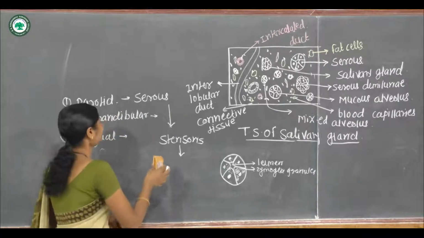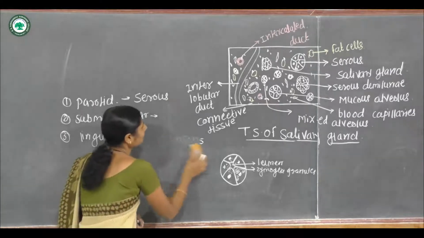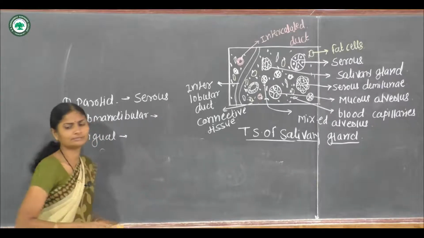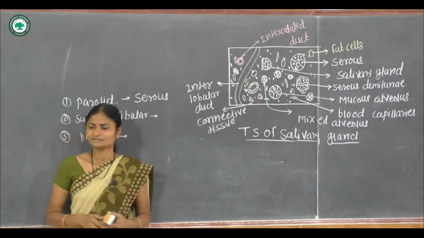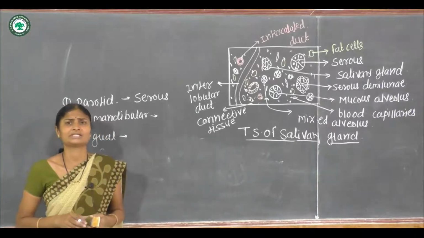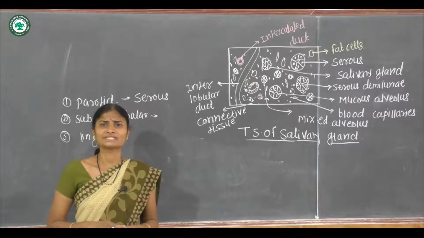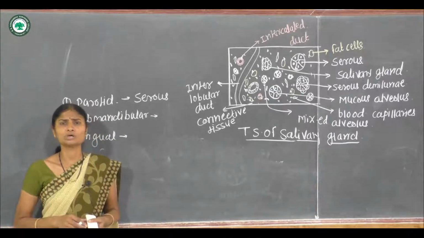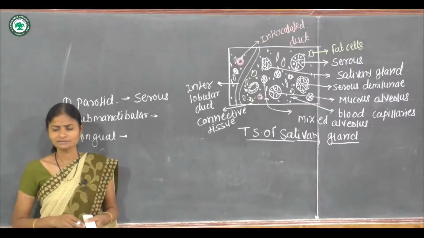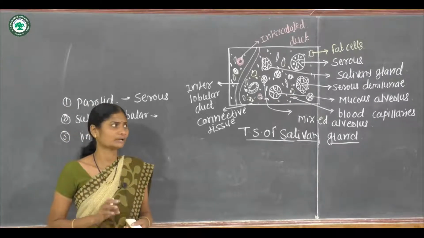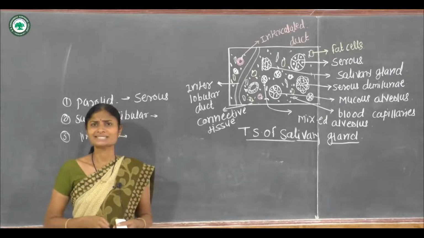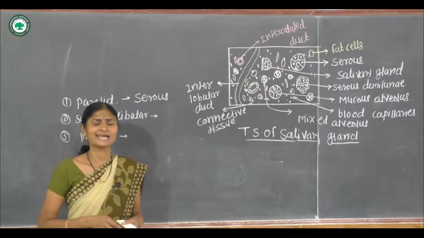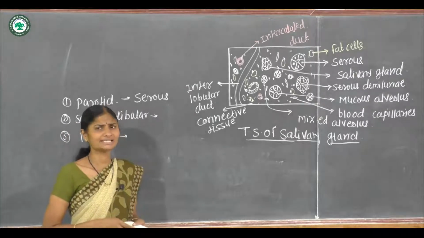The next gland in our list is the submandibular gland, also called the submaxillary gland. These are located below the jaw, and in man and other mammals it is a mixed type of gland containing both serous and mucous cells.